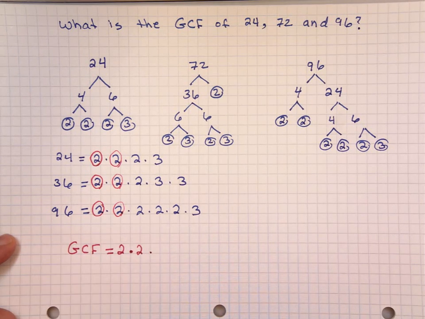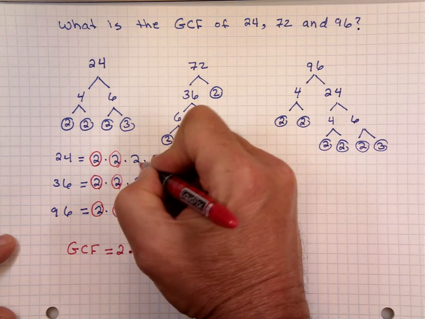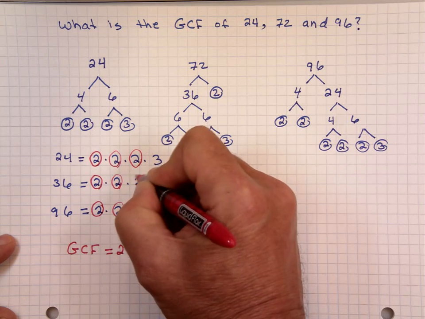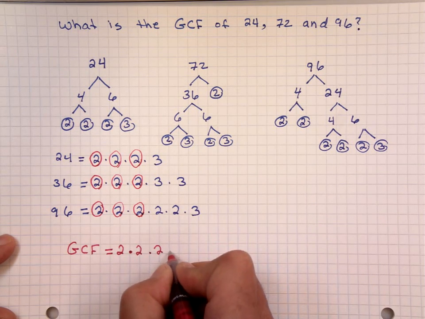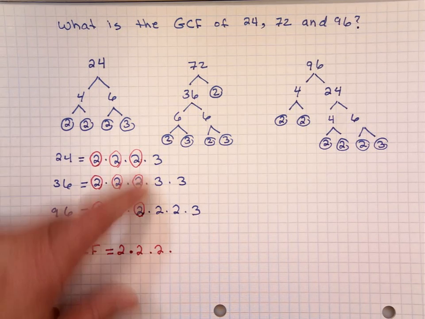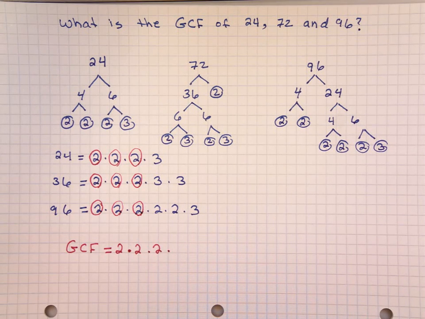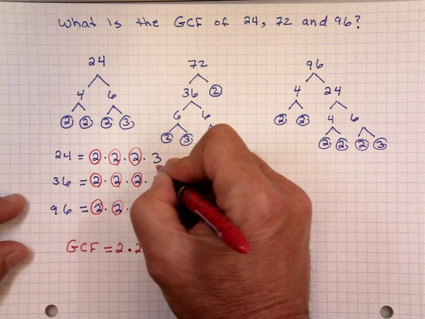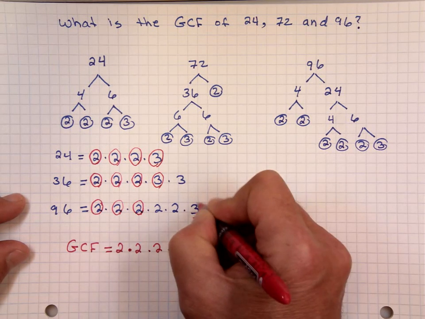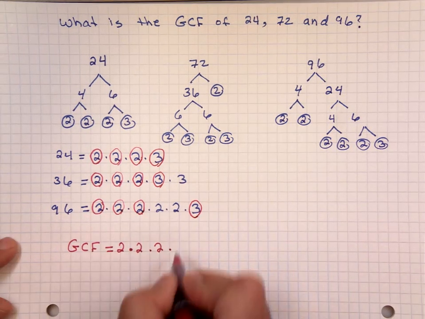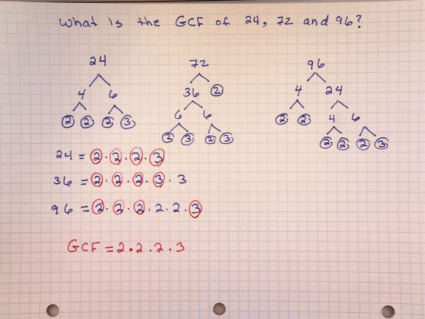Times. I see another 2. Any more 2s? No. This has it, this doesn't. I also see a 3 common to all of them. And that is my greatest common factor.